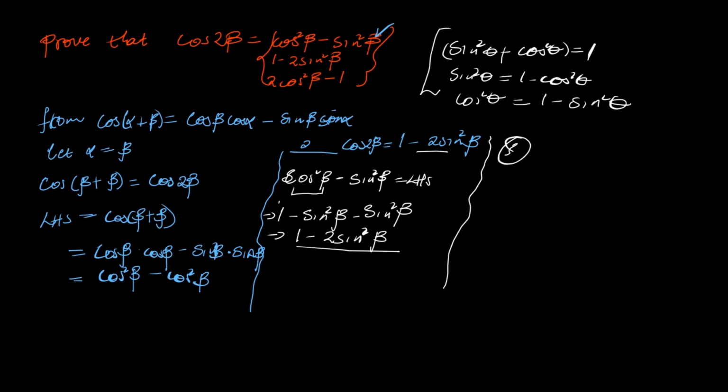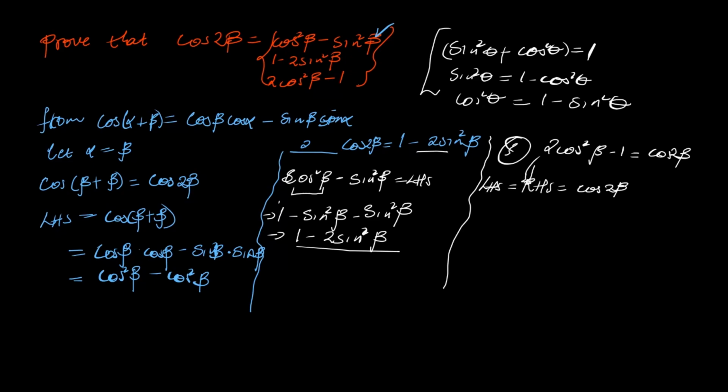In terms of the third one, we are saying 2 cos squared beta minus 1 is equivalent to cos 2 beta. So from what we have proved up there, in our case we'll say the right hand side is equivalent to cos 2 beta.